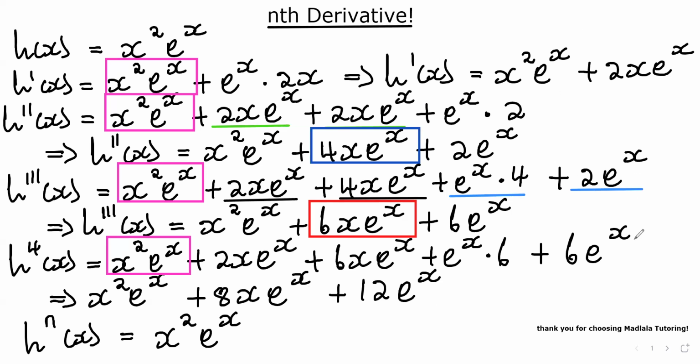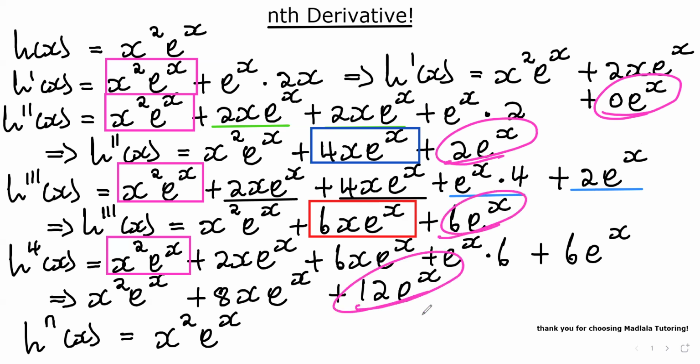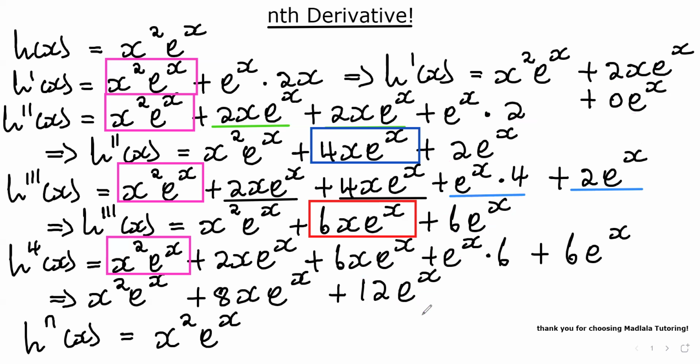And how are we going to write our 0 in order to write the first derivative nicely? Well, we are going to define our 0 as 0e to the x. Do you see that? It actually has three terms. So the last term is 0e to the x, and then the last term is 2e to the x, and so forth. So that's what I wanted you to realize.